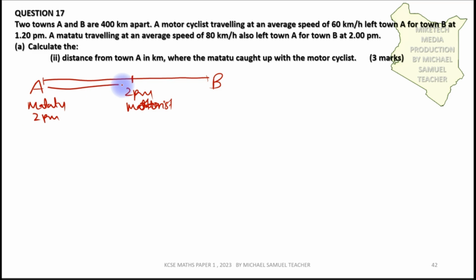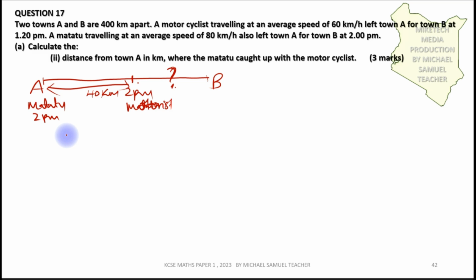By 2 p.m. you know that the motorist had covered a distance of 40 kilometers. So to get the distance from A where the matatu met him, they must meet at a certain point.